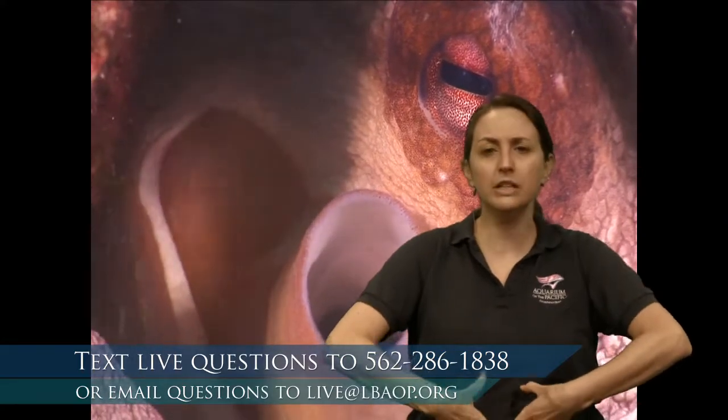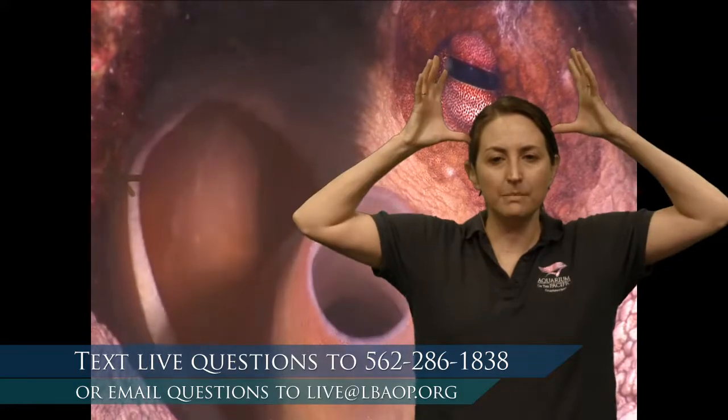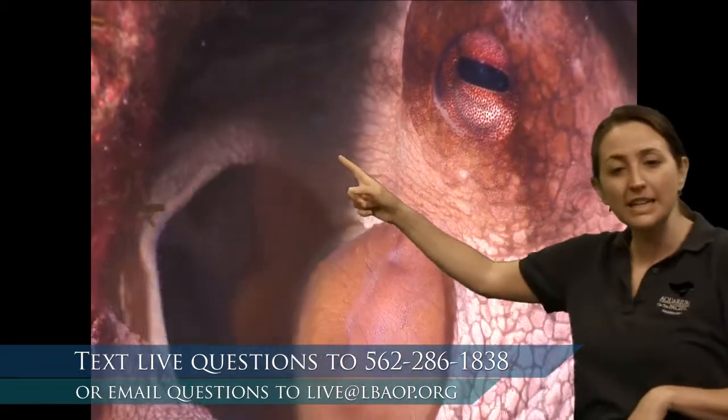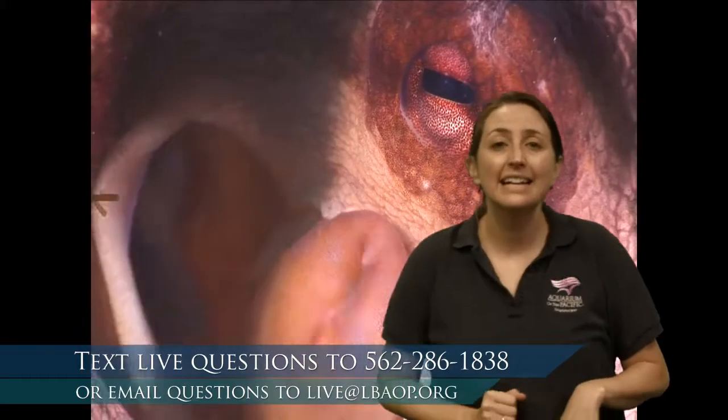So if we were to turn into an octopus, we would have to take all of our organs here and kind of put them on the top here. I know, it's weird. And then we would have all of our arms and legs at the bottom. So they're just structured a little different. So the water goes inside. That water has oxygen bubbles. The gills help them take the oxygen.